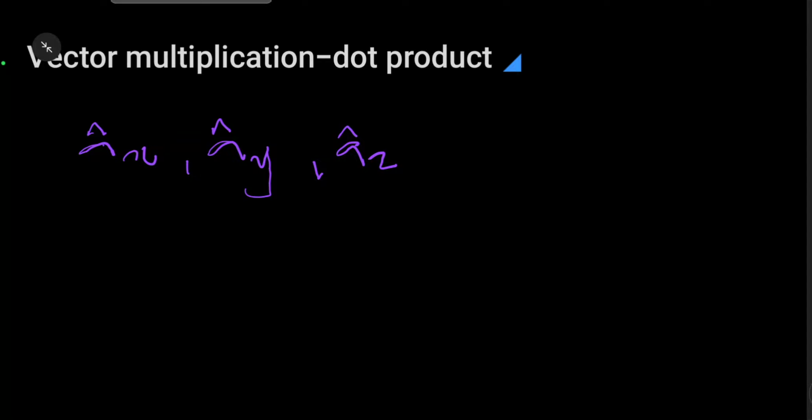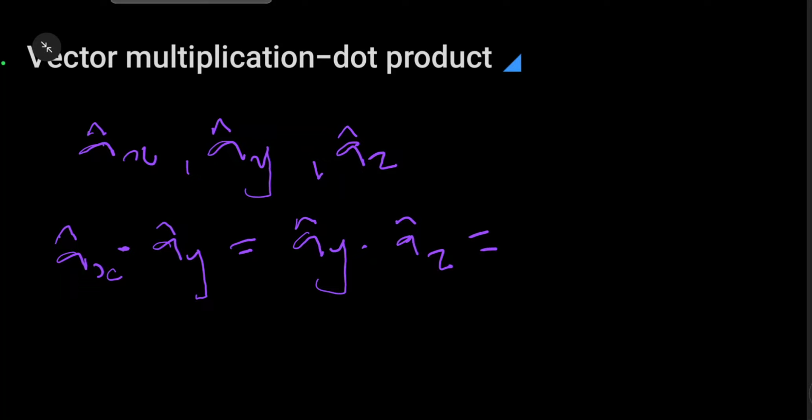They are mutually perpendicular, meaning that unit vector x multiplied by unit vector y is equal to y multiplied by z, and the same thing as unit vector x multiplied by unit vector z. They're all equal to 0 because they're mutually perpendicular.